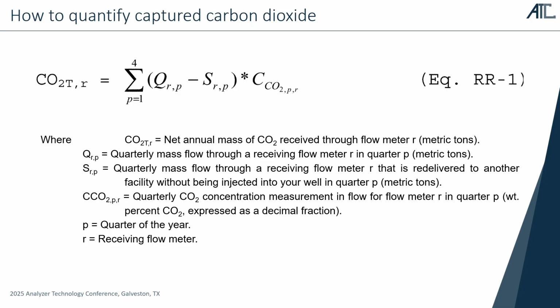And it describes the very specific case for if you are measuring the flow of your CO2 with mass flow meters, and if you are sending it to underground storage. So they've got different equations based on how you're doing your measurements and based on where the CO2 is coming from and where it's going. But this is a good representative version of what the equation looks like.